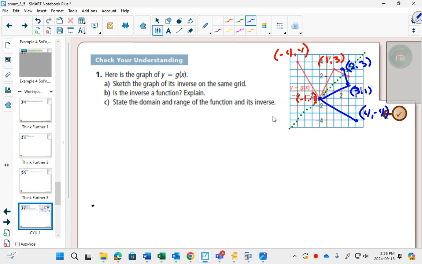Part 2 of this question says, is the inverse a function? The answer is no. And I'm going to remind you of the vertical line test.